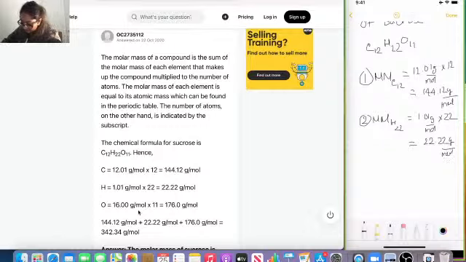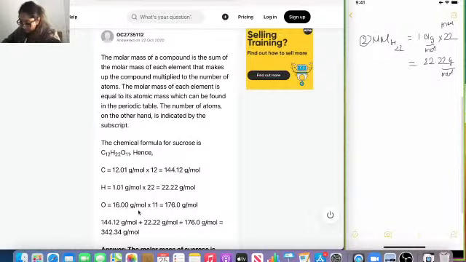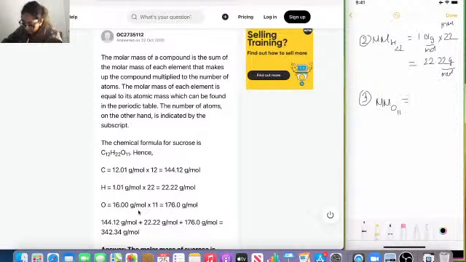And so the next step would be for us to find the molar mass of oxygen. So we have 11 atoms of oxygen, and so the molar mass of one oxygen atom is 16.00 grams per mole. And so we have 11 here.